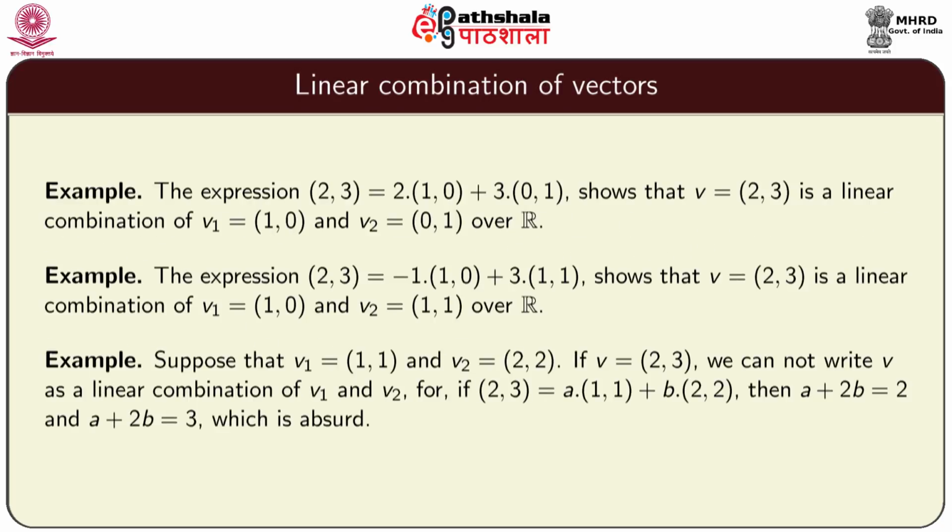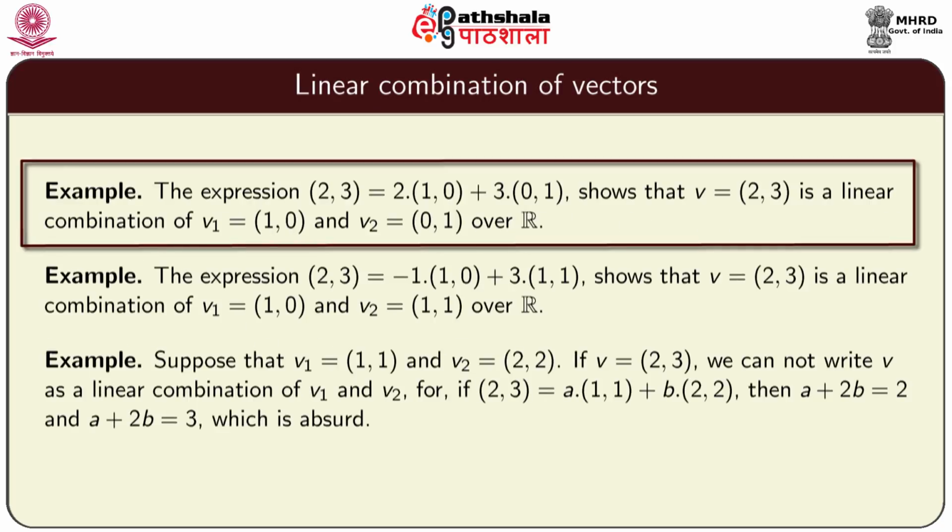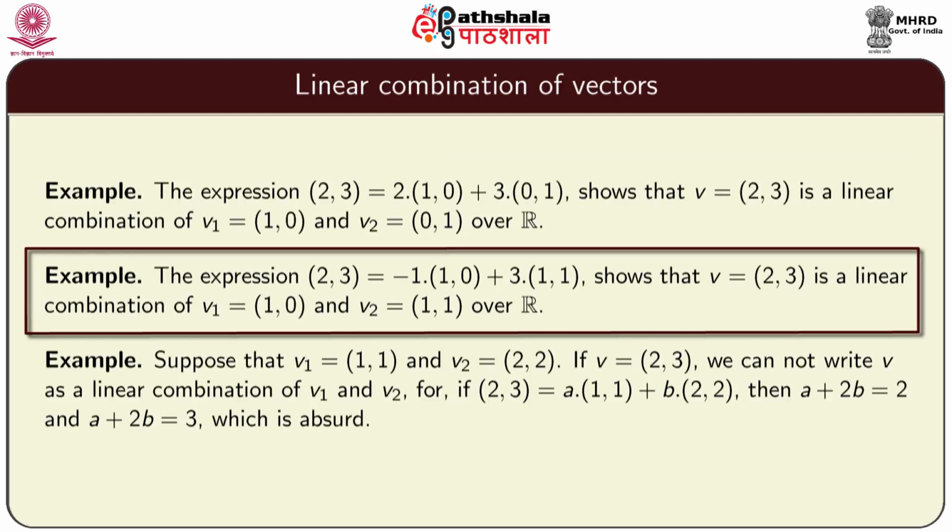Let us see some simple examples of linear combination. If V is the vector space R2 over the field of real numbers, then the vector (2, 3) can be written as a linear combination of (1, 0) and (0, 1). And in the next example, we see that the same vector (2, 3) can also be written as a linear combination of (1, 0) and (1, 1).